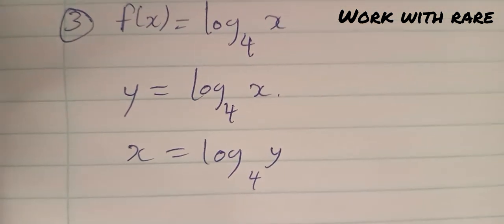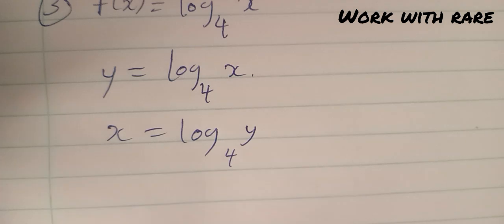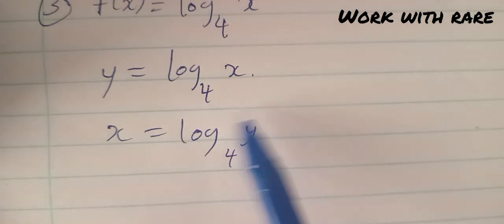You see? After you swap them, the purpose is to make y the subject of the formula. Remember how we are dealing with logs. It is very important to know how to change log into exponential form, because this is what I'm going to do even here.